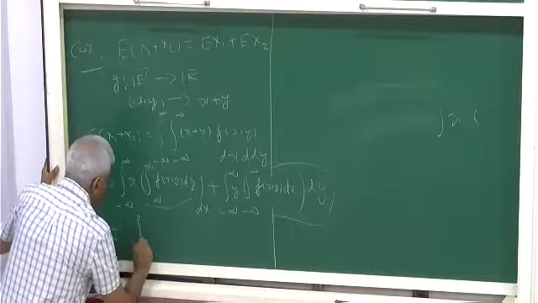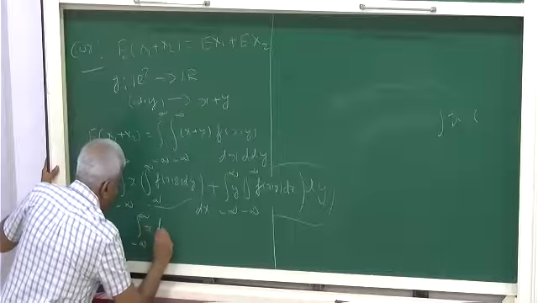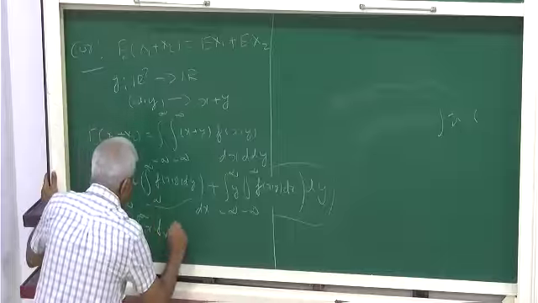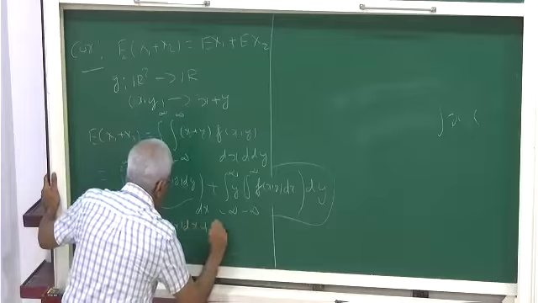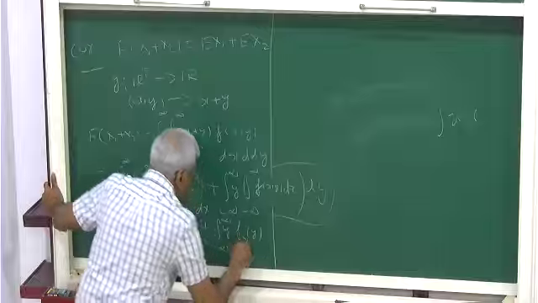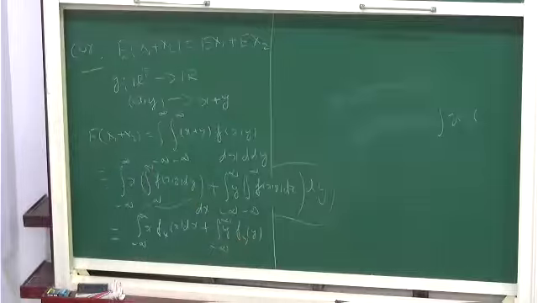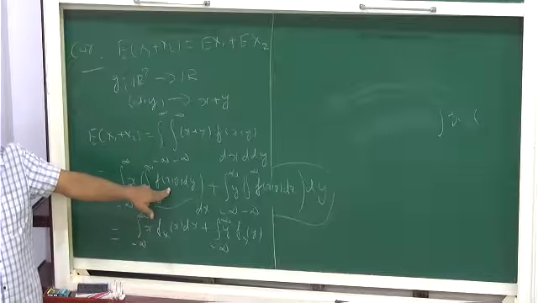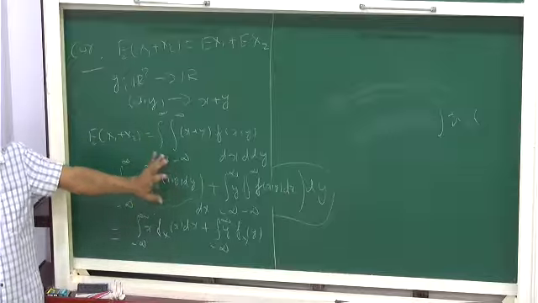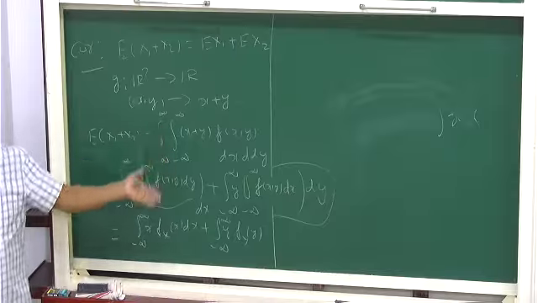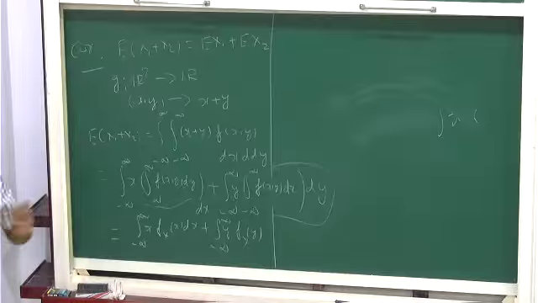So this is just the integral from minus infinity to infinity of x times fx of x dx. Similarly, the integral of y times fy of y. When I integrate the two-variable density function from minus infinity to infinity with respect to y, I get the density of x. Similarly, if you integrate with respect to x, you get the density of y. Because of that, this is true.